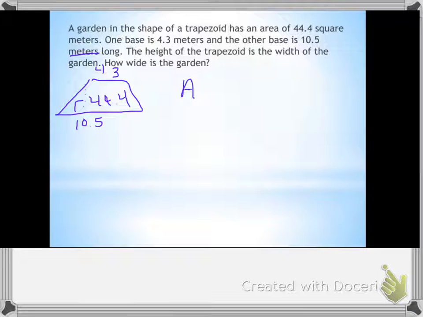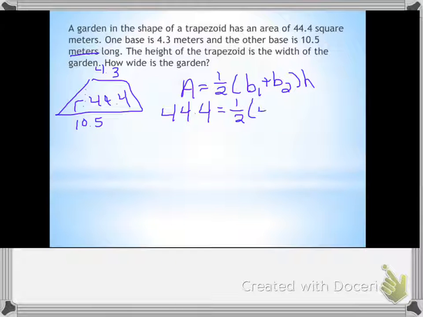So the formula that we use is that area equals 1/2 base 1 plus base 2 times height. The area we know is 44.4, and that's 1/2 of 4.3 plus 10.5, all times the height. Order of operations tells us that the first thing that we're going to do is add what is inside of those parentheses.